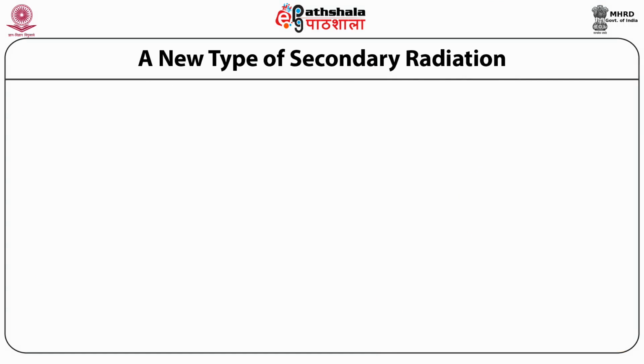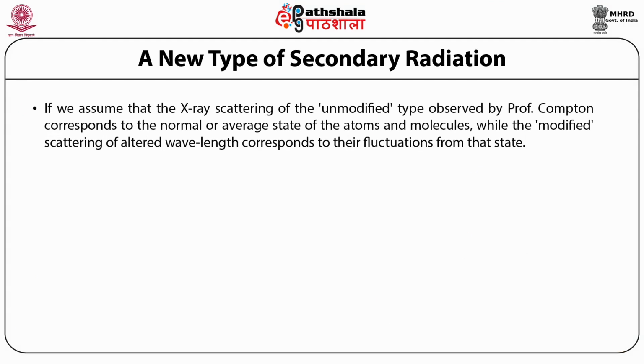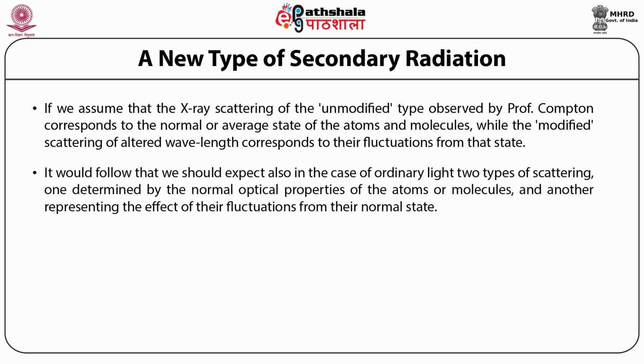A new type of secondary radiation. If we assume that X-ray scattering of the unmodified type observed by Professor Compton corresponds to the normal or average state of the atoms and molecules, while the modified scattering of altered wavelength corresponds to their fluctuations from that state, it would follow that we should expect also in the case of ordinary light two types of scattering: one determined by the normal optical properties of the atoms or molecules, and another representing the effect of their fluctuations from their normal state.